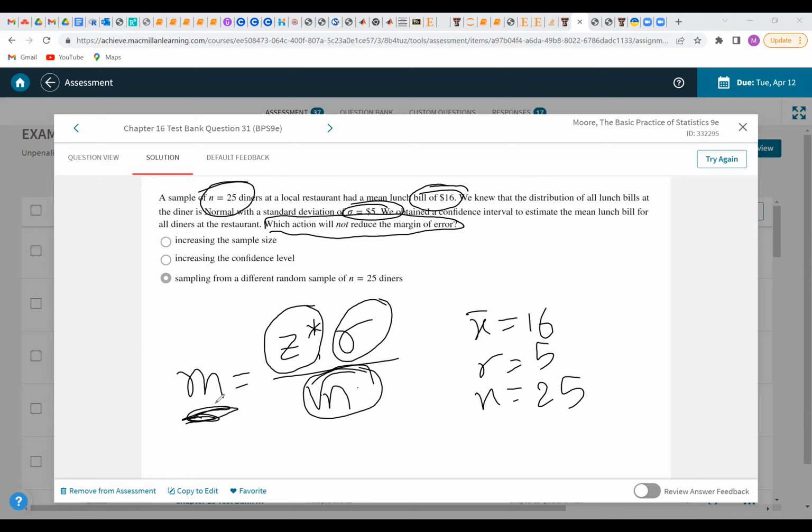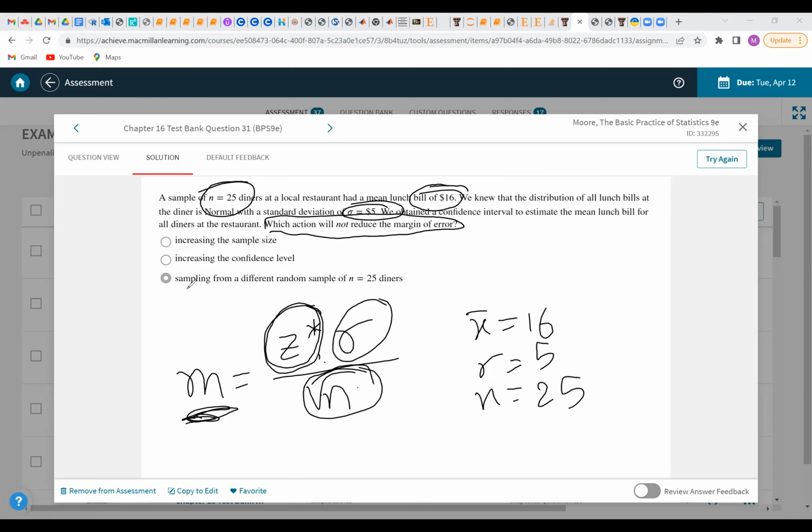Increasing the confidence level changes the margin of error too, since the Z star value changes.